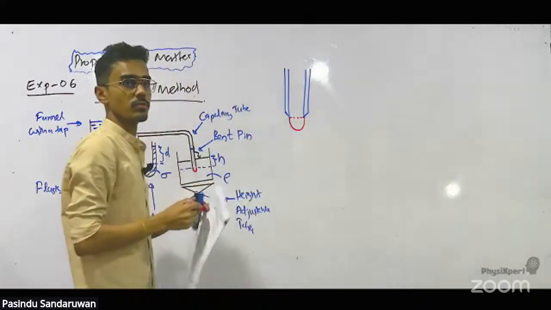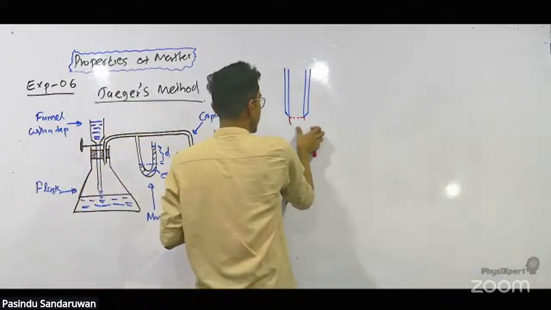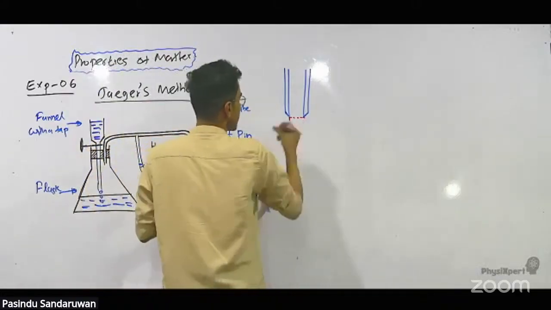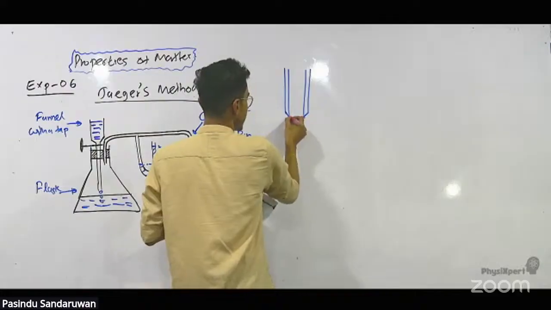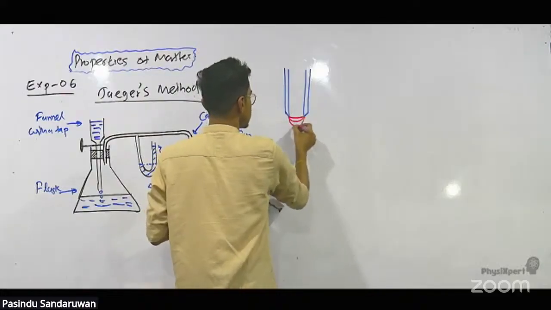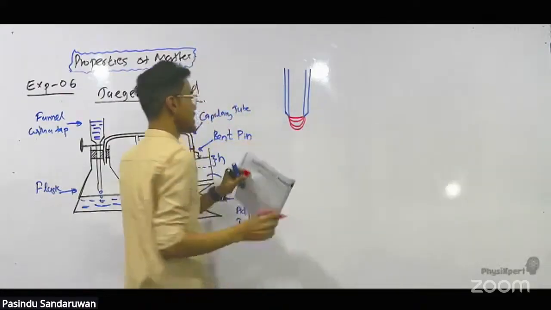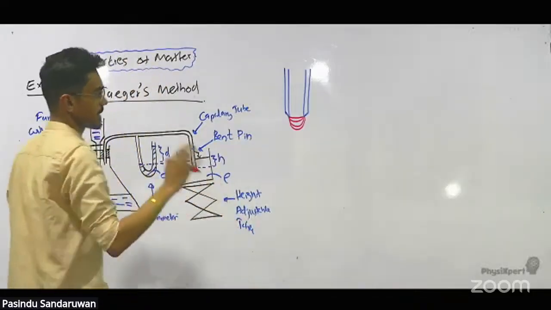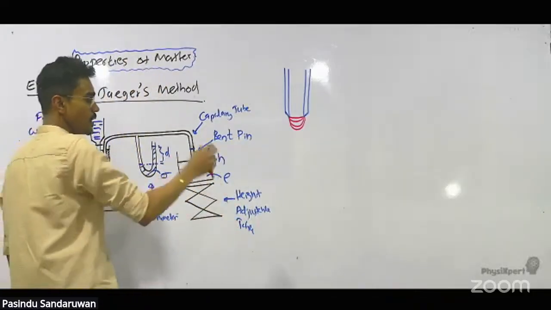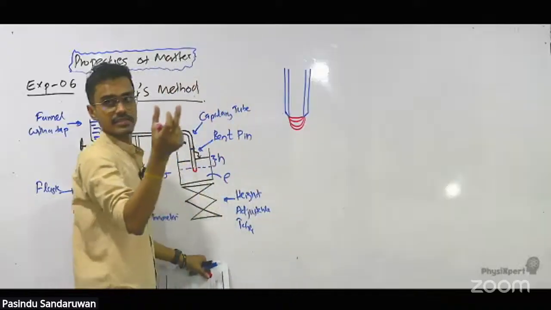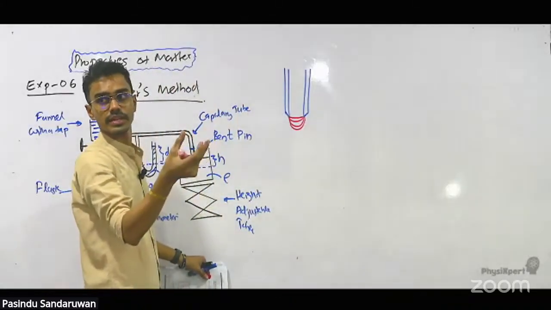Initially it is like this, and then the radius gradually decreases until the radius of the meniscus equals the radius of the tube.